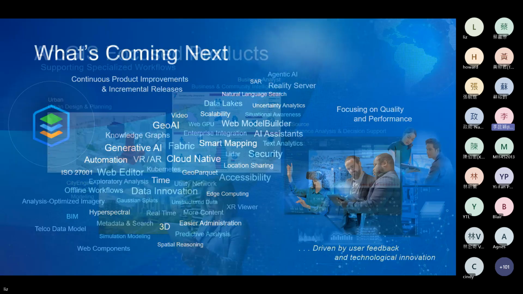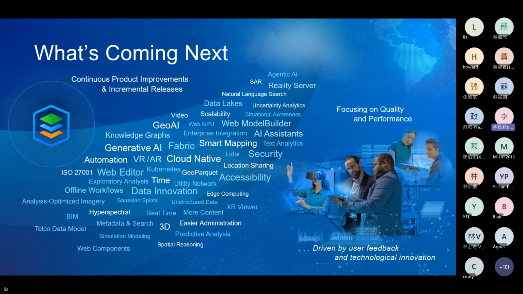So what's next? As you can see, we've done a lot of improvements and enhancements this year, and we will continue our product improvements and incremental releases throughout the year. So we're also working on many development projects to improve existing functionality and continue to leverage the latest technological advances to bring our innovations and be relevant to your work.